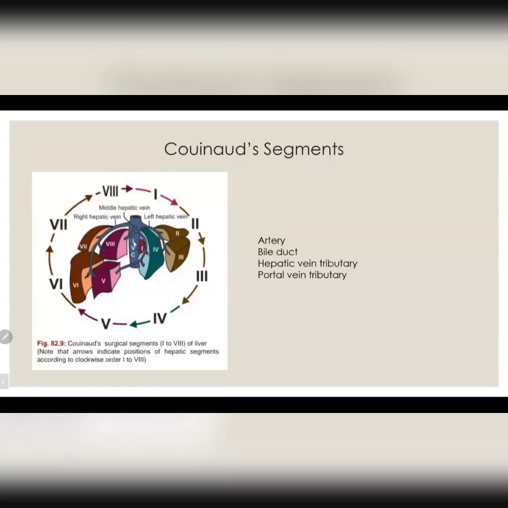And this segment 1 is actually the caudate lobe posteriorly. And the clinical importance of this is that if there is any disease process affecting a single segment, we can perform segmental resection of that segment alone without disturbing the anatomy or the function of the other segments.